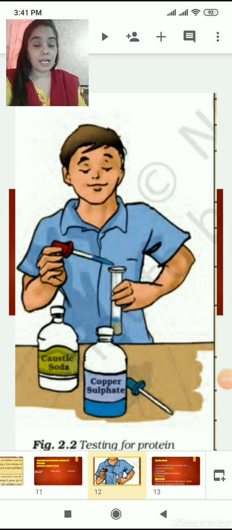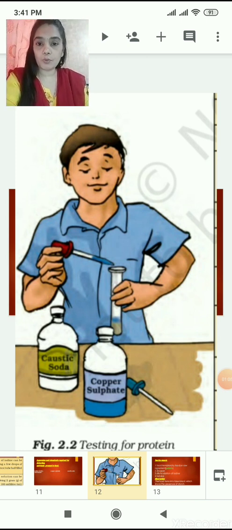Remember that you are not going to taste any of these chemicals, that is caustic soda, copper sulfate solution and iodine solution. Nothing you are going to taste, and whatever food item we conduct the test on, that also you are not going to taste. This is only for the experiment purpose, only for the testing purpose.